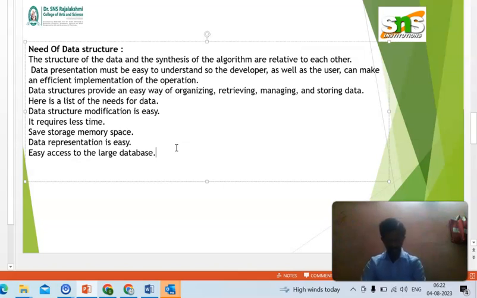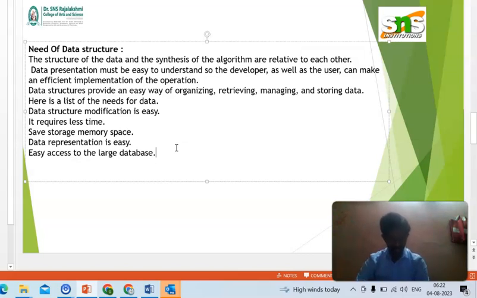Next, data representation must be easy for developers to understand. When we look at a program, it should be easy to follow. If it is easy for developers, it is easy for users as well. The one who develops the program is called a developer; the one who uses the program after it has been developed is called a user.